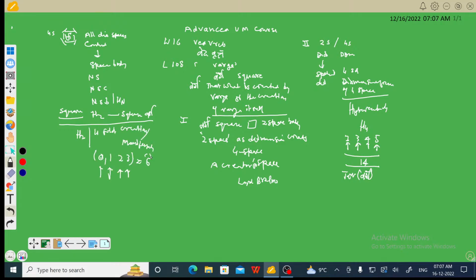So H2, hypercube 2 or square or Varga as such, a creation, a manifestation of 4 space, is of value 6 as summation value of all its 4 folds.